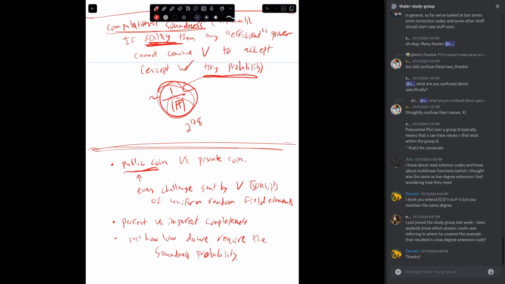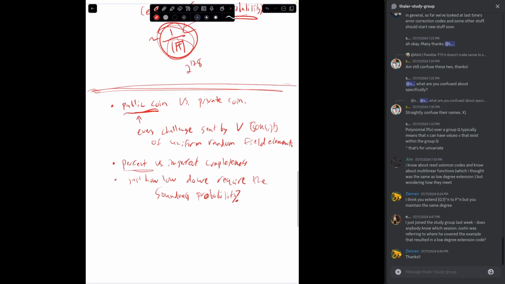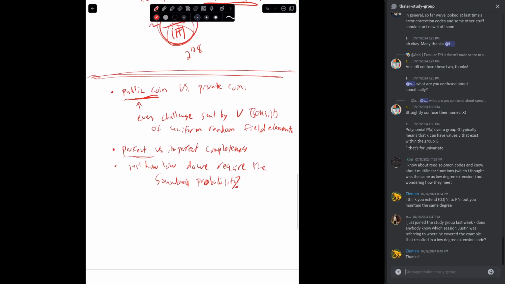There are some other variations as well that I don't think are worth getting into. In the early days of studying interactive proofs, in the mid 1980s, people figured out that nothing really matters.